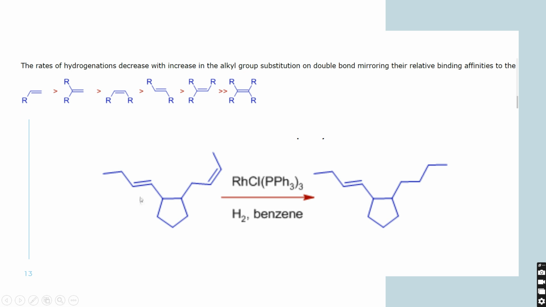Okay, and if the metal is coming from this side, the cyclopentyl group will cause repulsion. So this is why the cis double bond is preferred, because the metal can easily approach from the face where there is no substituent.